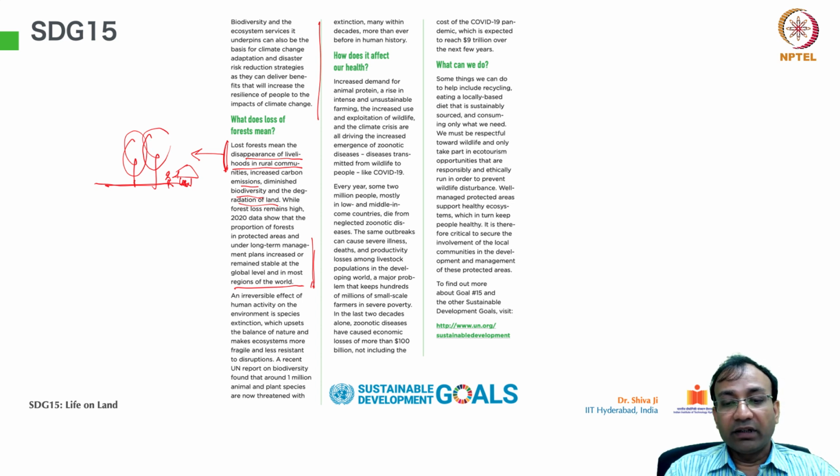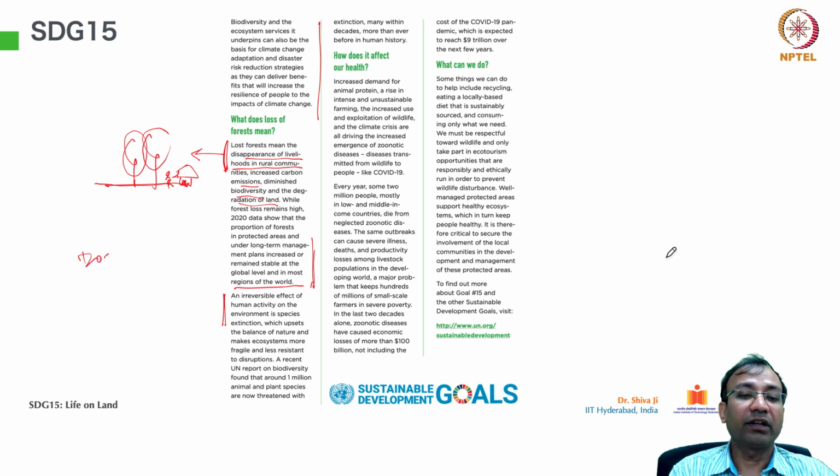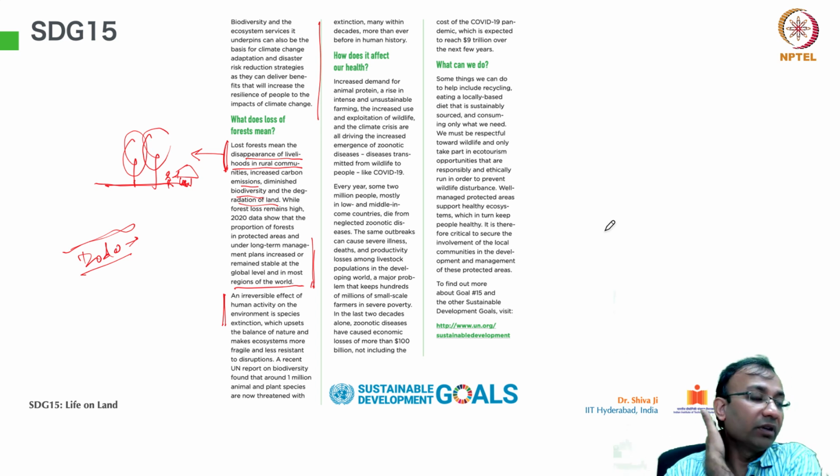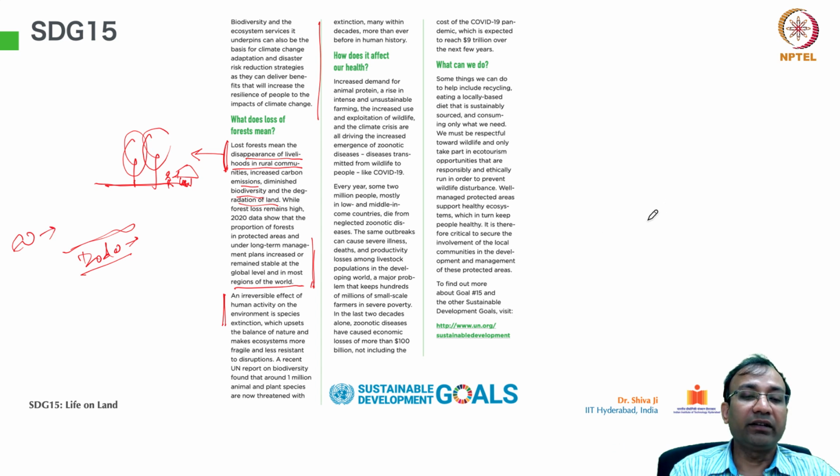An irreversible effect of human activity on the environment is species extinction. Yeah, you may have heard of that bird, the dodo. Okay, so this bird, the dodo, met extinction, I think a few hundred years back, when Europeans arrived in Aboriginal Australia.